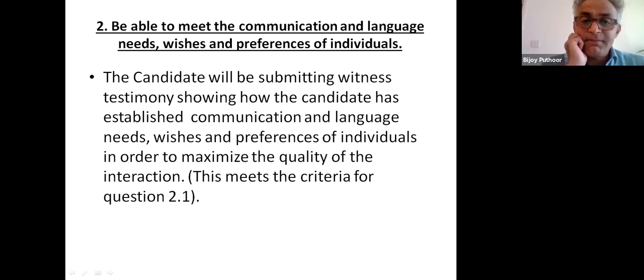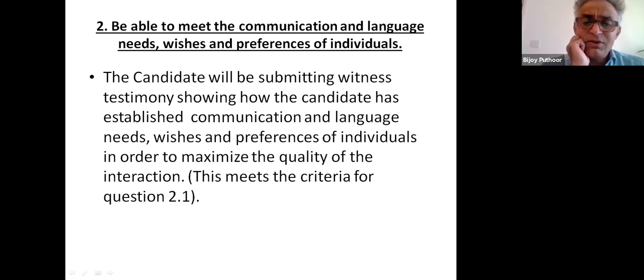So submitting a witness testimony means that someone else is going to write it. That someone else is going to be a senior or your manager, and the manager is going to say how you have established communication and language needs, wishes, and preferences of individuals in order to maximize the quality of life.